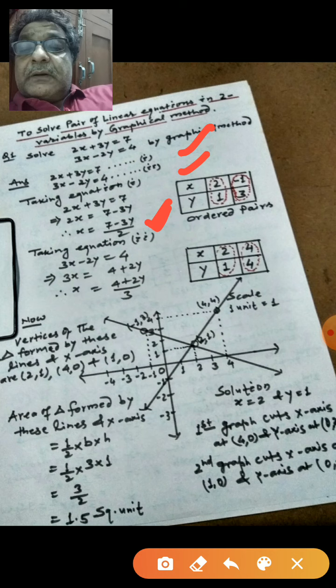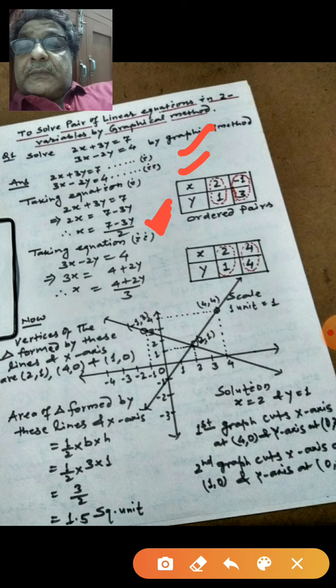So by putting any value of y, such that after calculation we will get a whole number, an integral value of x. Here you see, if we put y equal to 2, then x becomes 7 minus 6, that is 1 by 2.